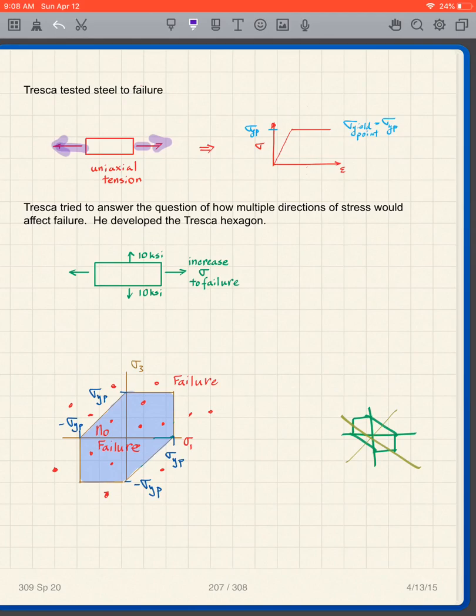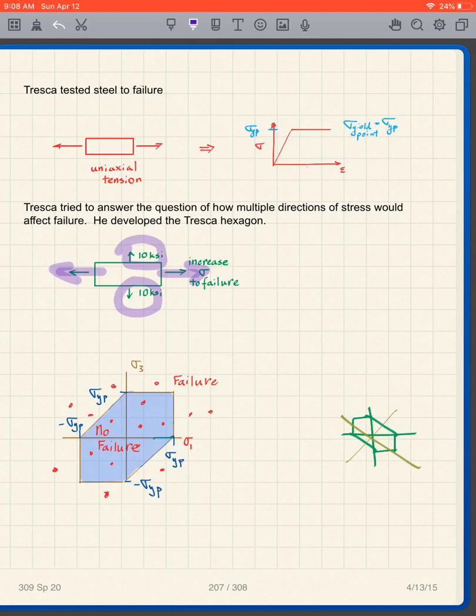So in other words, I kept on increasing this stress until failure occurred. But if you envision this, instead of doing that, what if we put on, for instance, 10 kips per square inch in the vertical direction and then kept on increasing the horizontal stress until failure?